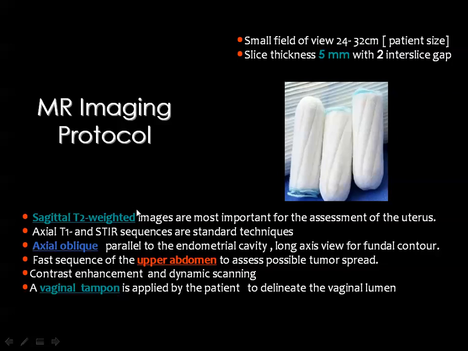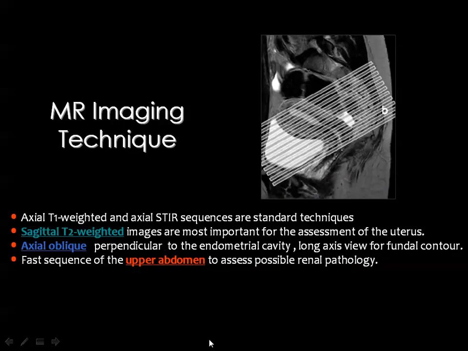Then one of the most important pulse sequences in MRI of the female pelvis is the sagittal T2 weighted images, which are very, very helpful in delineation of the anatomy and pathology. And many times we should also have some STIR sequences in the axial oblique images, which are aligned perpendicular to the axis of the uterus, whenever we intend to evaluate especially the cervical canal.